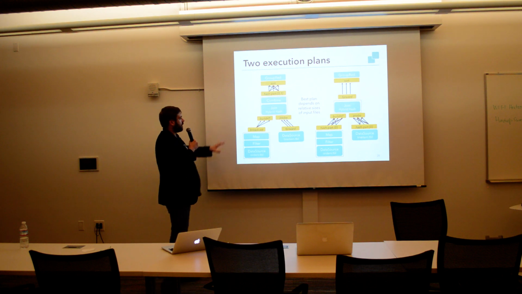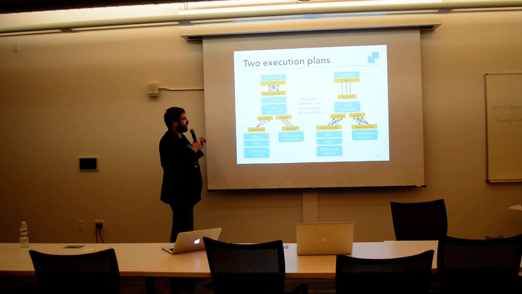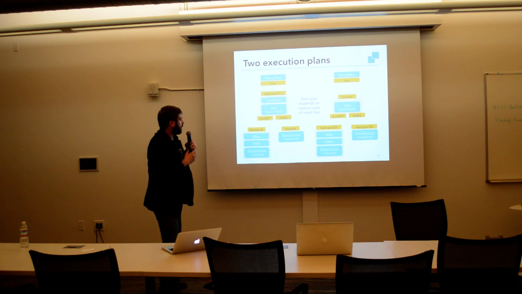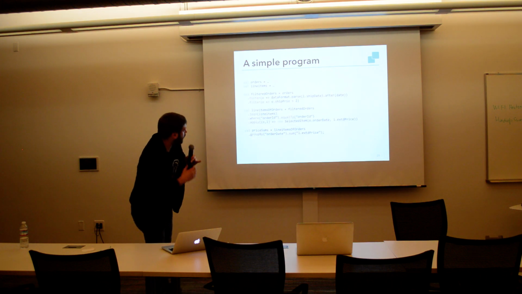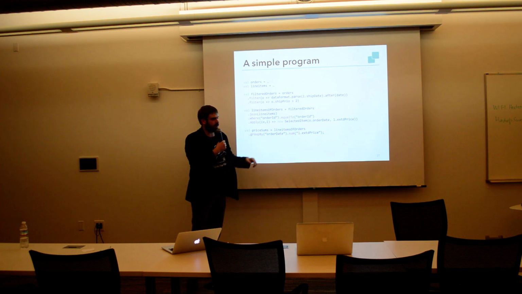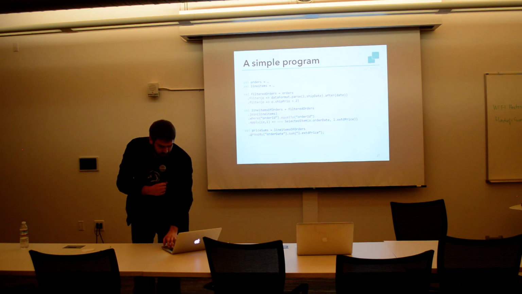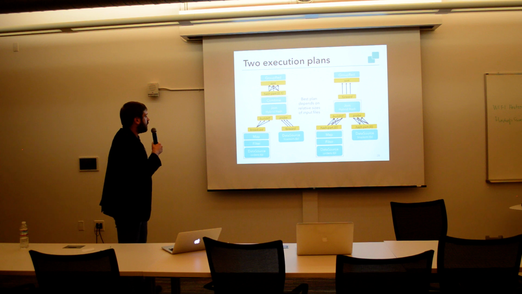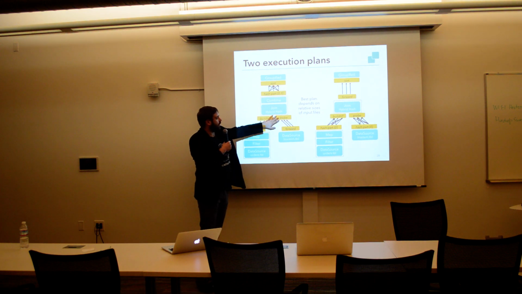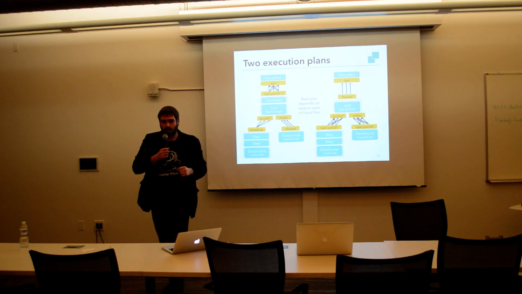So these are two execution plans for the previous program. Basically, what we're doing here is we are getting two data sets. We're filtering the first one, and then we're joining with the second one, and then we're doing a group by and sum. And the optimizer will insert these green operators between the functions that you define.